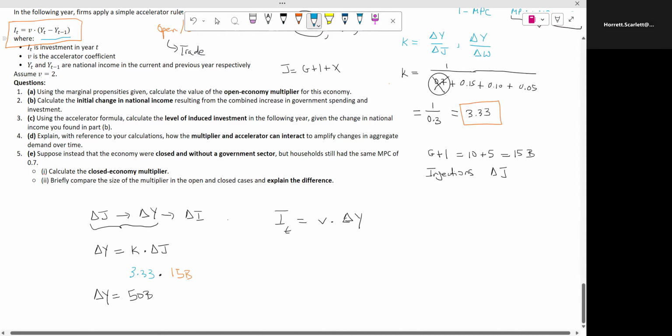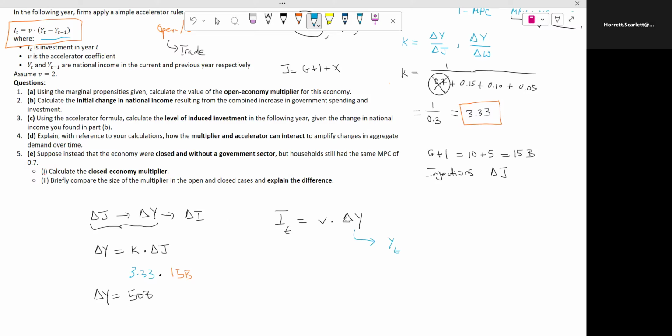So what it simply means is the current national income minus the previous national income, which is the same thing as being the change in Y. So the change in Y is YT minus YT minus 1.